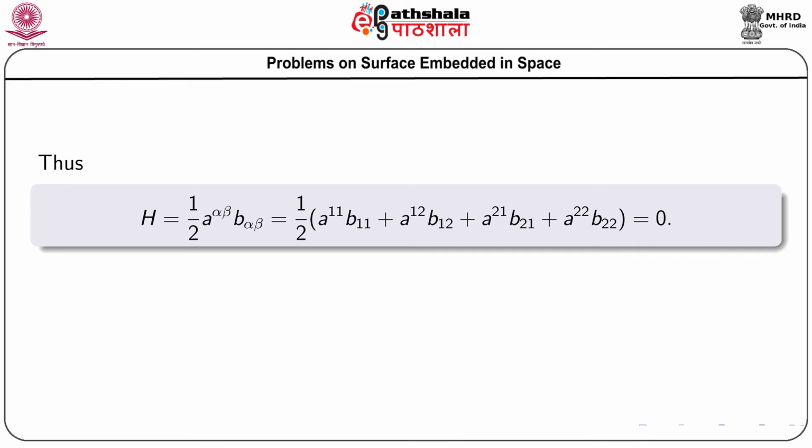Thus, H, which is the mean curvature, by definition is half A upper alpha beta B alpha beta. If we expand this as A 1 1 B 1 1 plus A 1 2 B 1 2 plus A 2 1 B 2 1 plus A 2 2 B 2 2, and put the values obtained earlier in this expression, we get H equals 0.